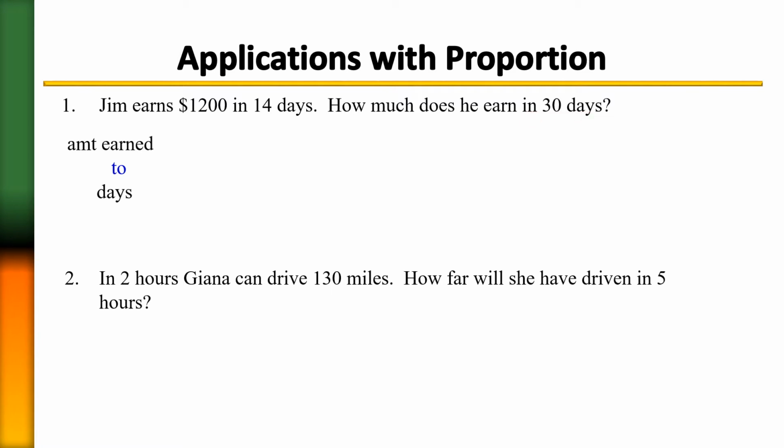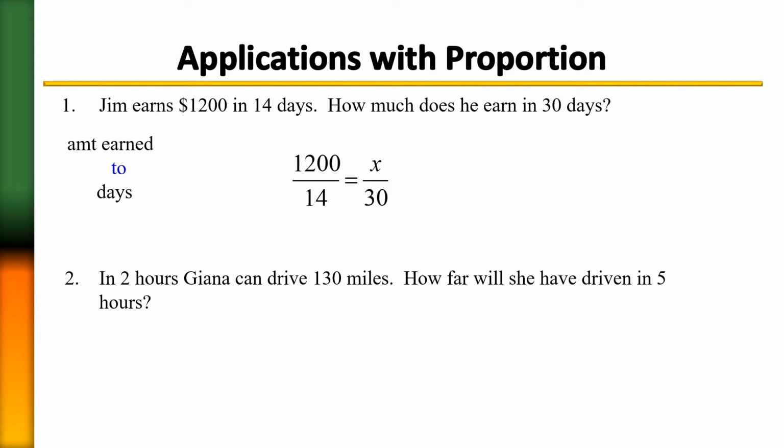That means that number is going to go on the bottom on the other side of the equation, which means that I will not have a number in the numerator's place on the right side. So instead, that is where you put your unknown. Anything that's missing, you put an x there. So that is how you would set it up.